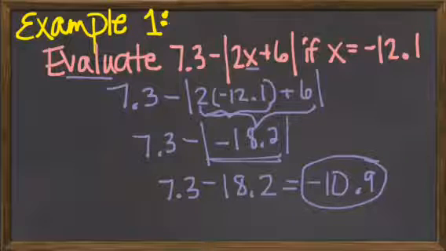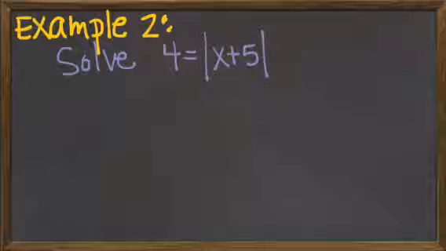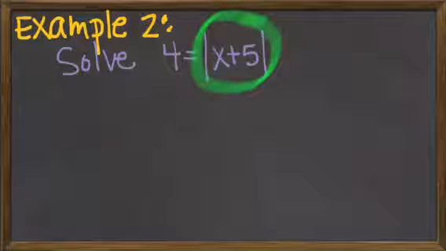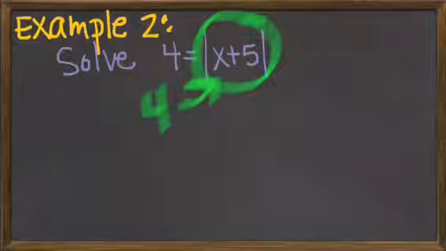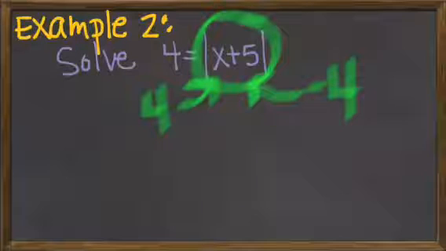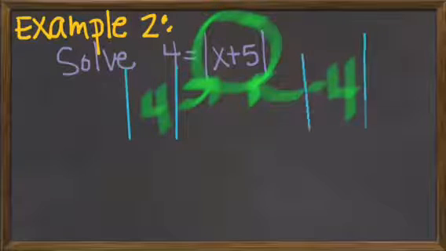In this next example, we are going to solve an equation that involves absolute value. We're going to solve the equation 4 equals the absolute value of x plus 5. What that means is that this absolute value has a value of 4, which means that what's inside here can either be equal to 4 or it could be equal to -4, because both of these numbers have an absolute value of 4.